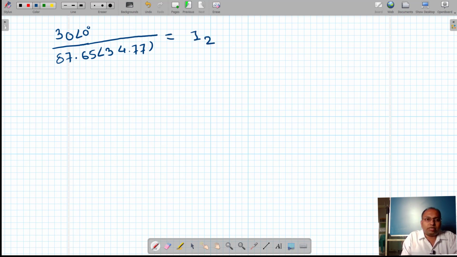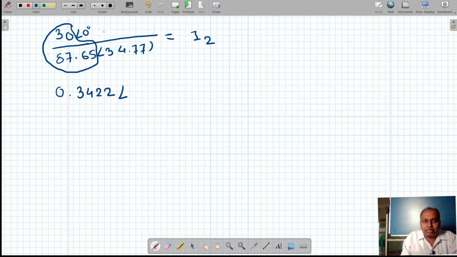Okay, so in that case we can directly do the division of the real terms. You can simply divide by the r values, the real term values. So 30 divided by 87.65, I will get 0.3422. And we can go for the angle calculation.